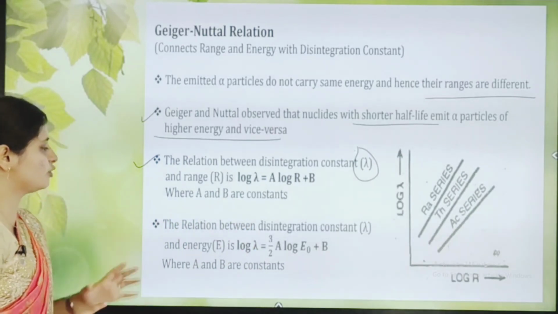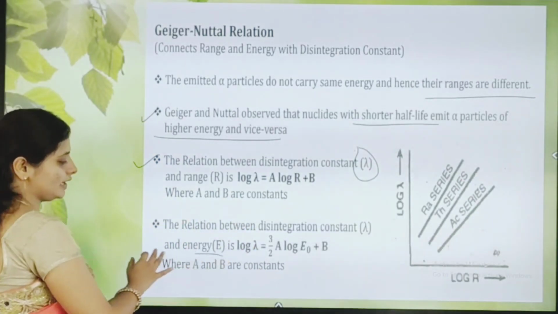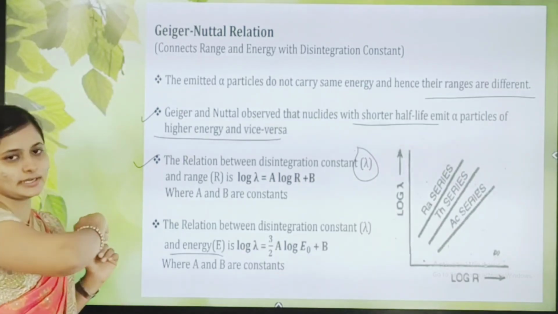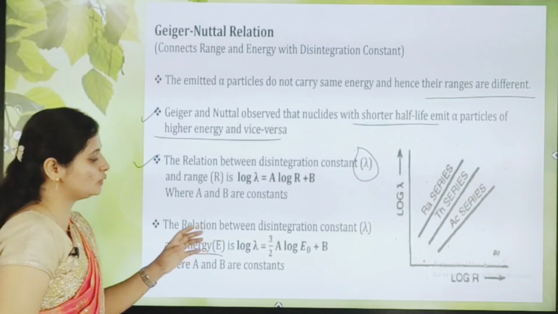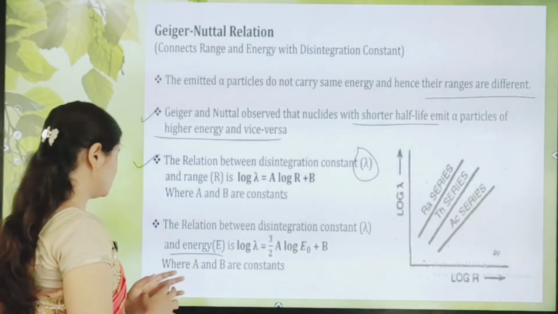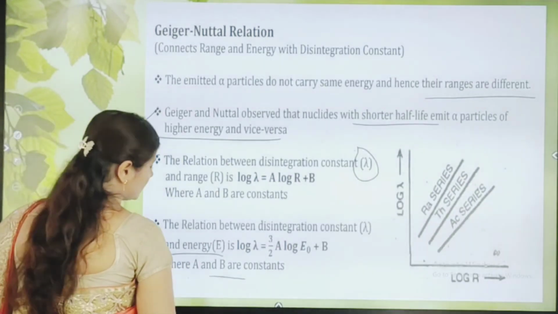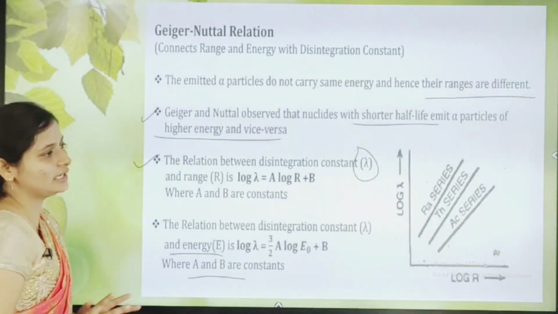Next, the last point gives the relation between the disintegration constant and the energy: log lambda is equal to 3/2 A log E naught plus B, where again A and B are constants. This is the explanation of the Geiger-Nuttall relation.